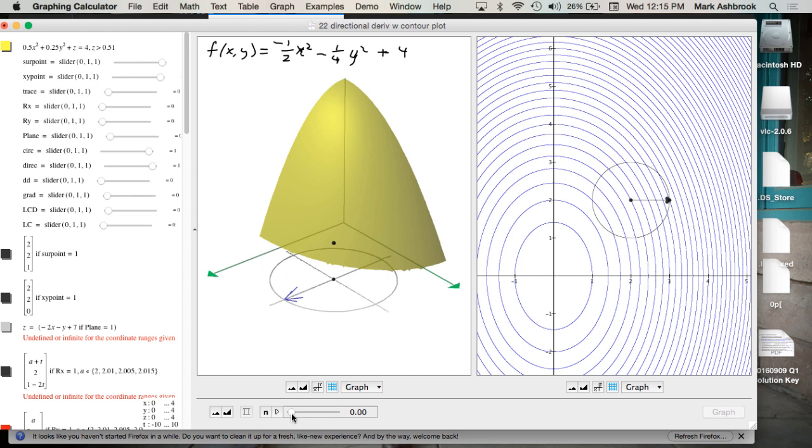Let's just do pi over 6. I lied, pi over 3. So here's pi over 3. So we're at that point 2, 2, and we want to know what's the rate of change of f at 2, 2 in the direction of pi over 3.